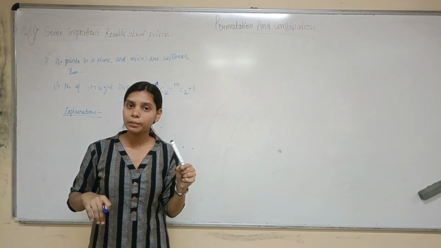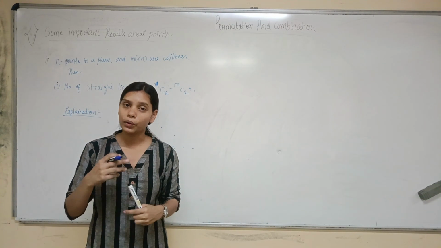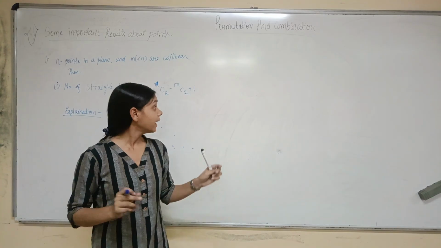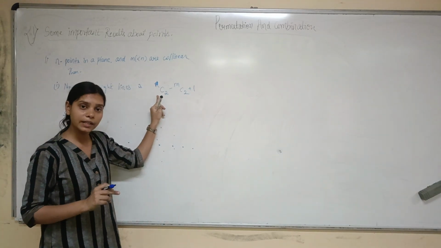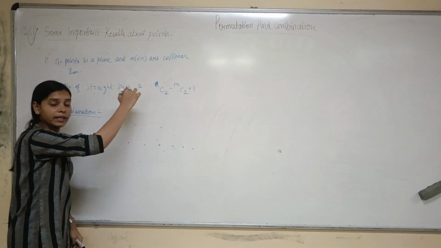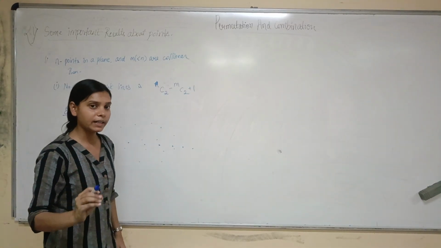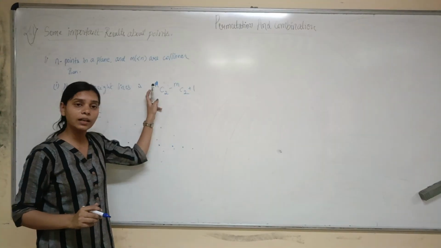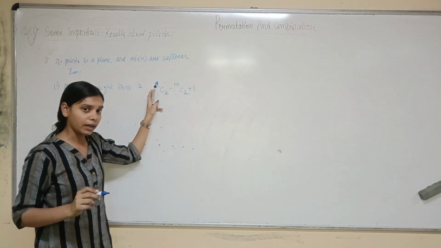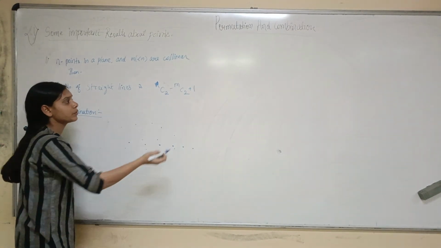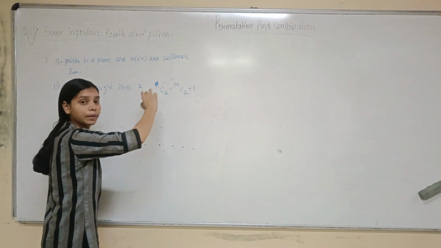So our requirement is only 2 points and the total number of points is n. That's why we take nC2, and this nC2 represents the total number of straight lines that can be formed using the n points. But the question arises, why did we subtract mC2 here?